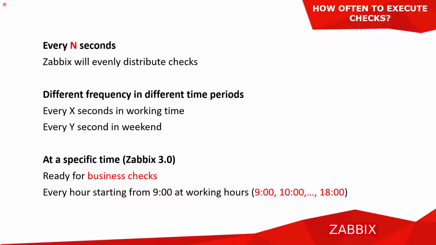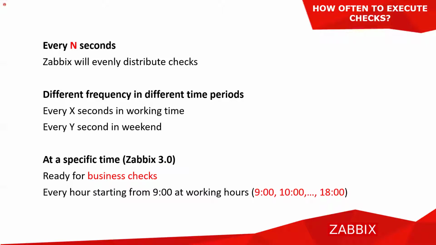And of course, if you want to monitor some specific locations, like stores, and you want to just check them twice a day, like if the store was open, let's say the cash register, and then you want to see if the store was closed at some specific time, like at the end of the working day at 6, then you can execute daily scheduled checks, like at 9 o'clock and at 6 o'clock.